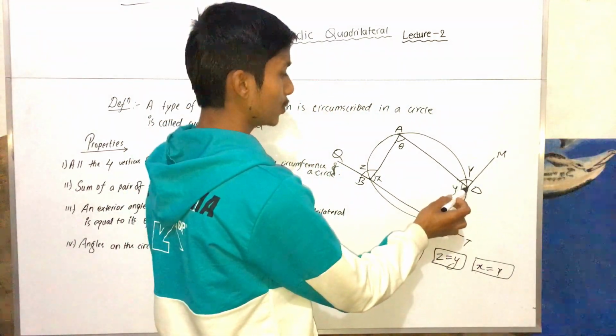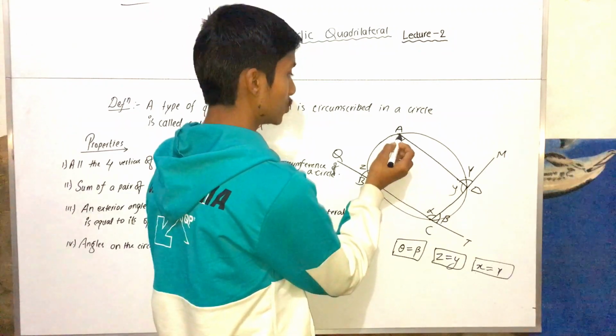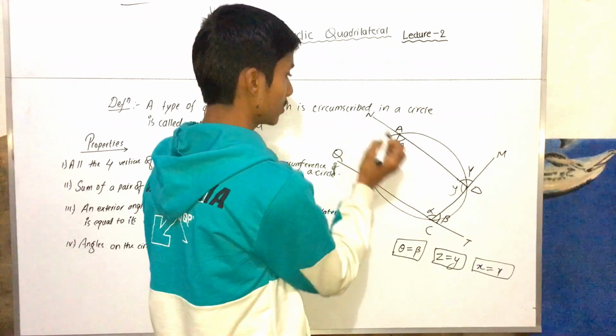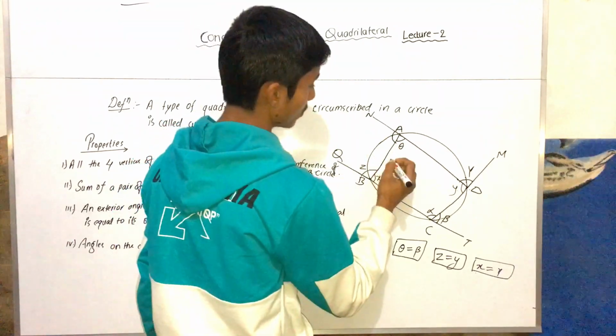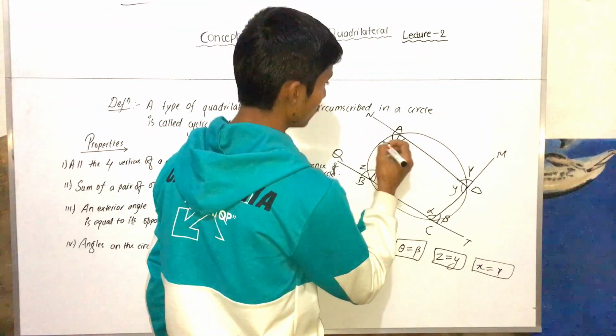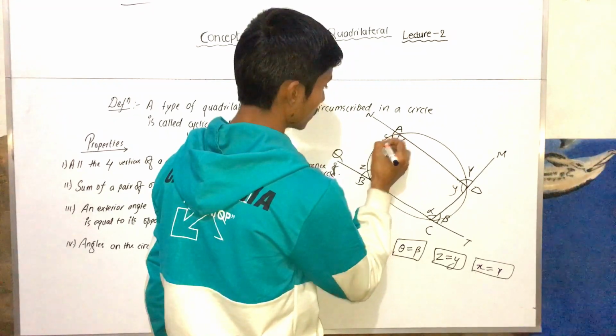Similarly, if you produce the side DA to N, then an exterior angle is formed. Let this angle be small c.